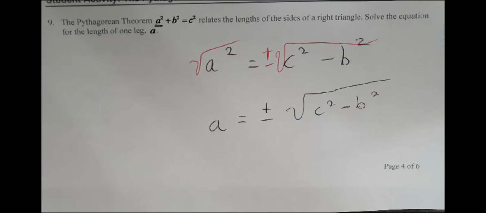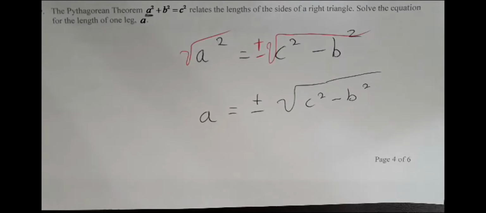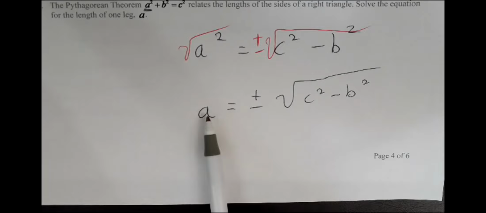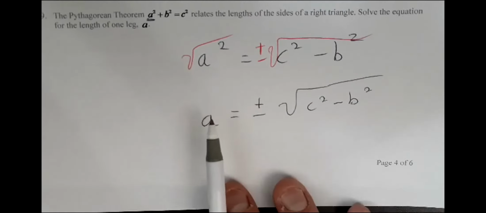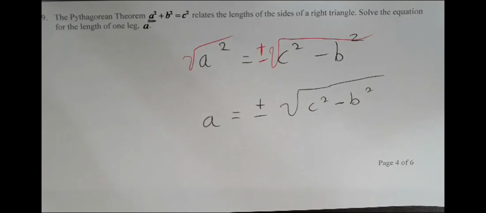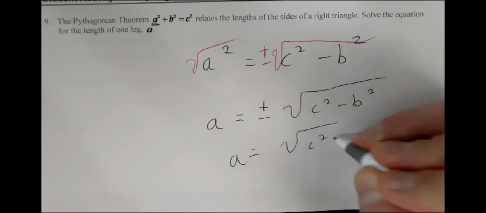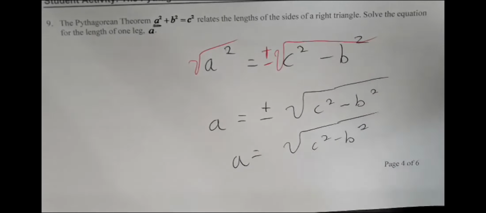Okay, so this might be a little silly. If you told me this, I would be okay. But there's a little bit of inference that you can take from this, is that a is always going to be a positive number. So now if we think about this a little more in relation to what it's actually doing in reality, since this is always a positive number, you can actually just leave off the negative part of that.